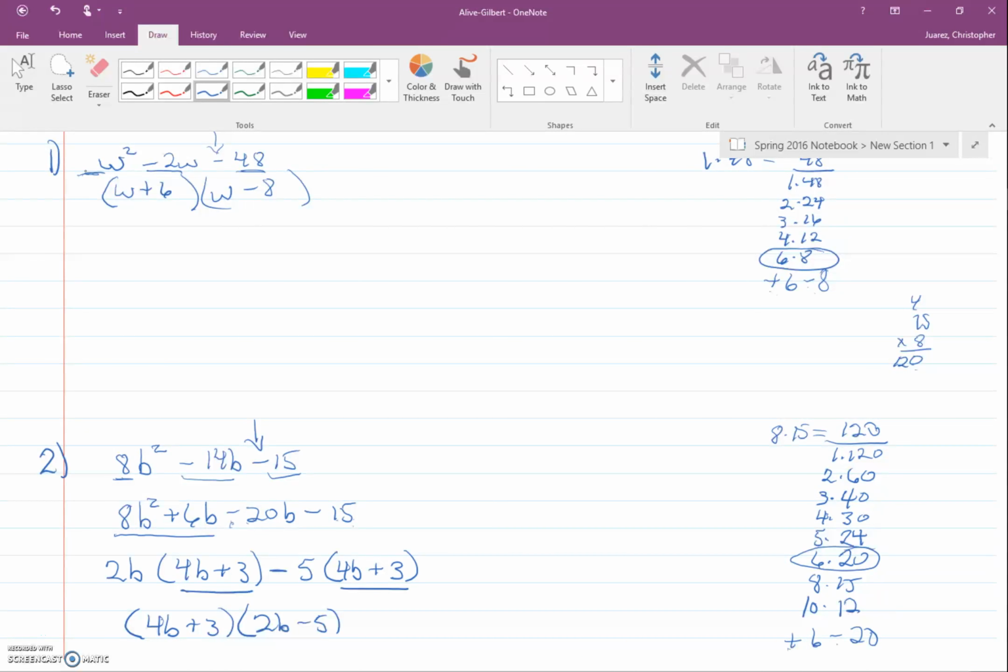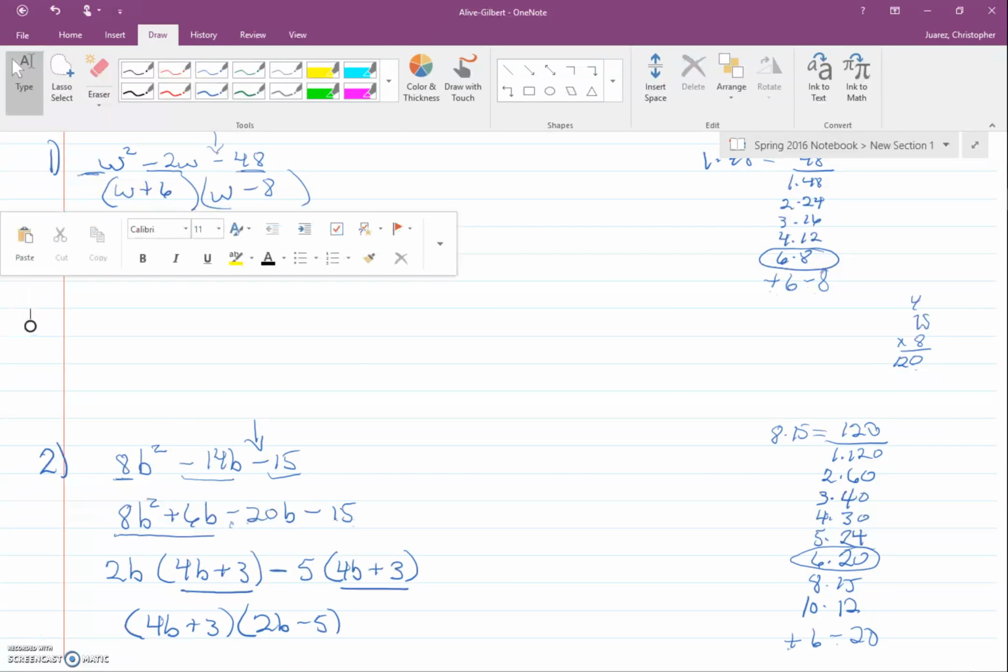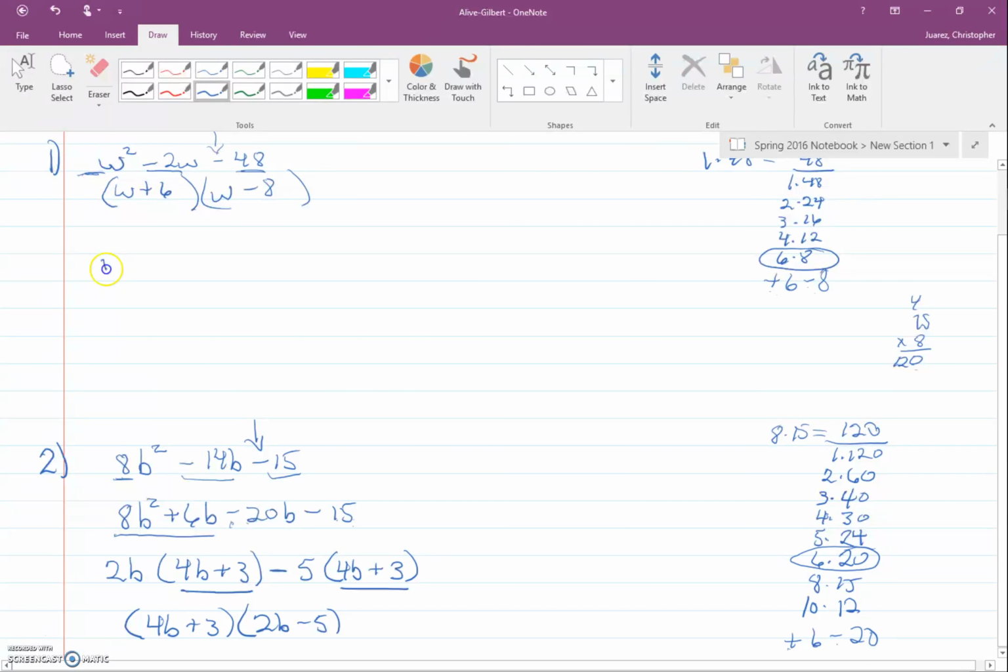Now, could we do number 1 by stretching the middle term? Absolutely. So we've got w squared plus 6w minus 8w minus 48.